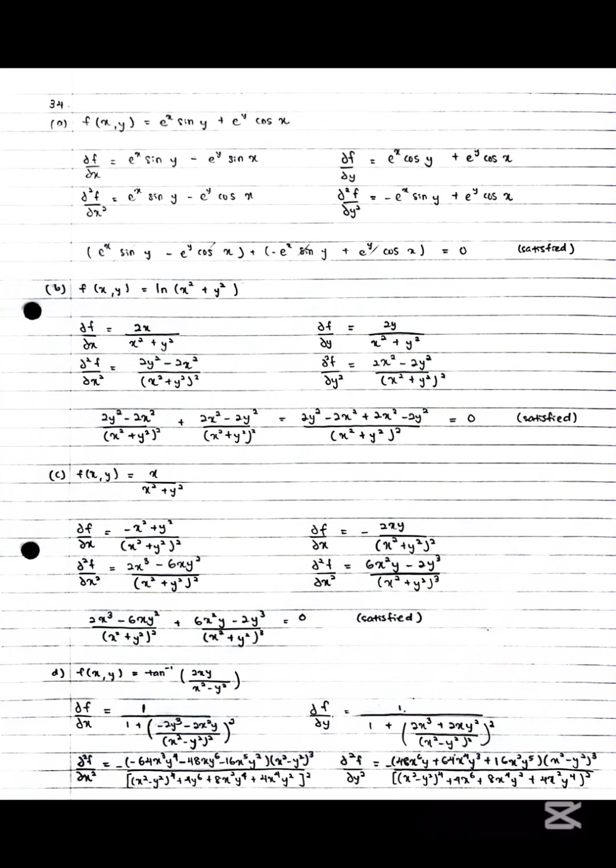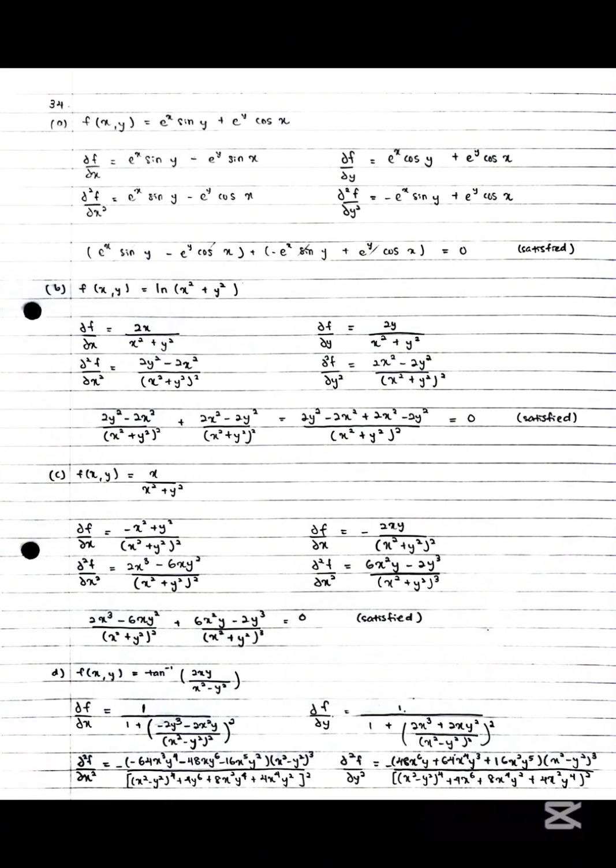We differentiate it twice, and we get eˣ sin y − eʸ cos x. The same goes for the function with respect to y, and we get eˣ cos y + eʸ cos x.